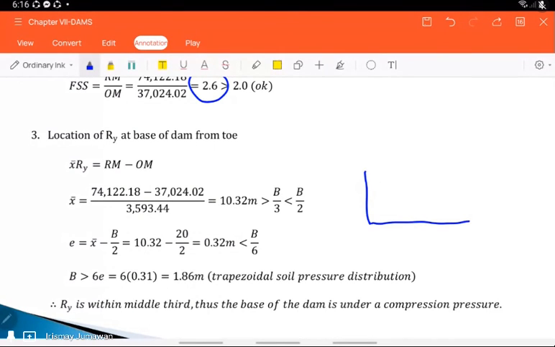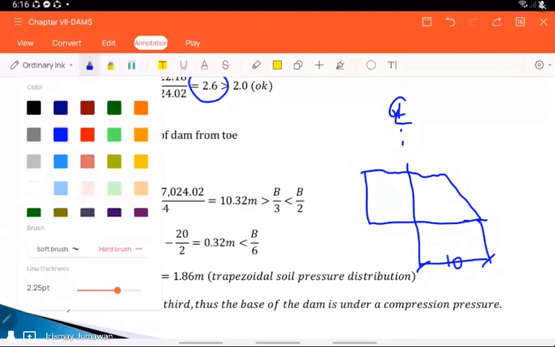By default, this is the location of the RY. This is the center. So 20, that is 10. From the 2, this is 10. So the location is 10.32.